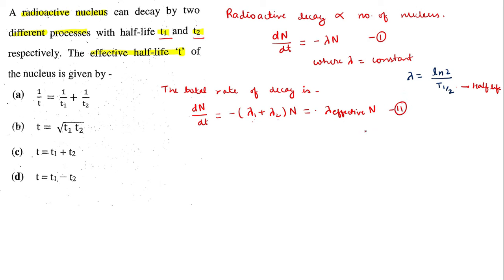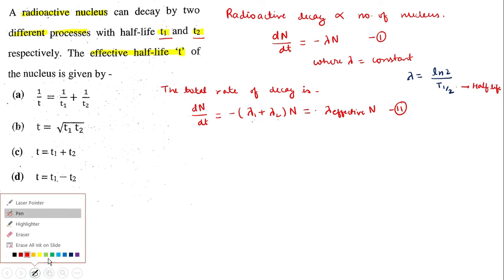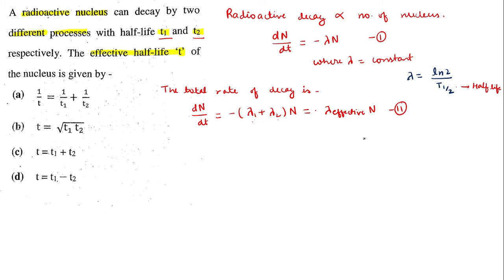Now the values of lambda 1 and lambda 2 can be found as follows: the value of lambda 1 is equal to ln2 by t1, and lambda 2 is equal to ln2 by t2. Okay, now this is our formula.